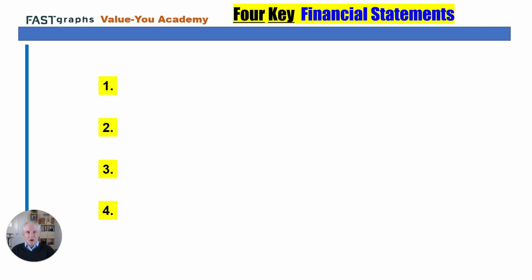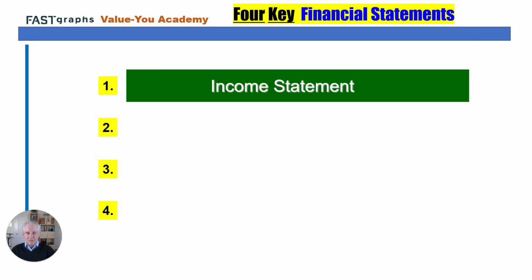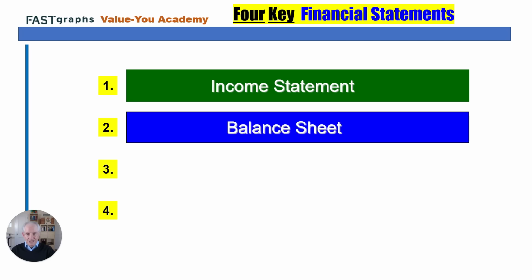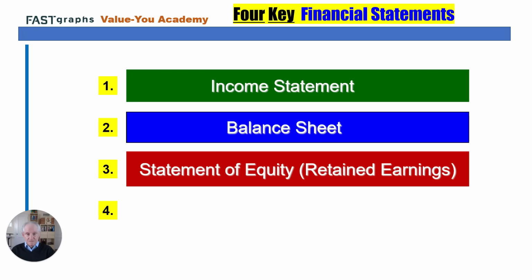All right, so here are the 4 key financial statements. The income statement, profitability of a company over a period of time. The ending statement, the financial health of a business on one day. What do you own? What do you owe? What's the difference? And the profits that have been put back in the business over a period of time.